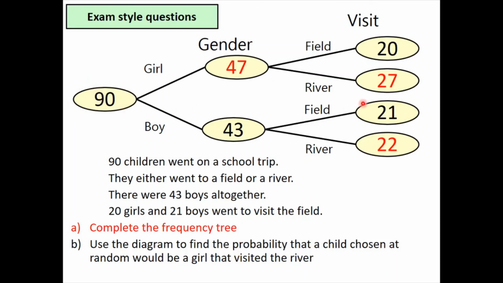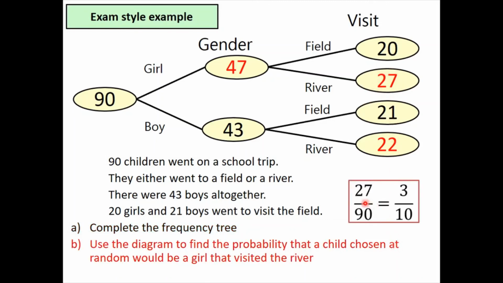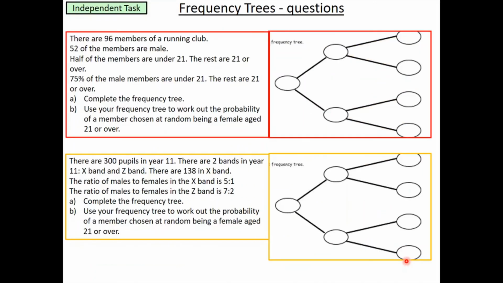How many girls visited the river? The answer is 27, so final answer to that question is 27 over 90, which you can simplify because they both divide by 9, 3 over 10. But leaving it as 27 over 90 is fine, unless the question tells you you must simplify your answer. But this question didn't, so that or that is good enough.